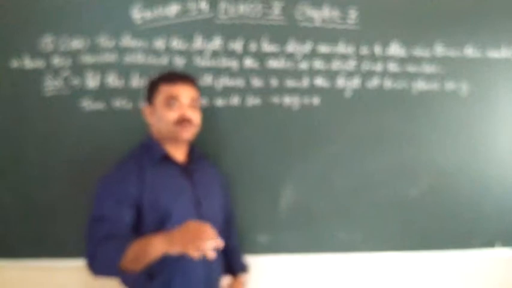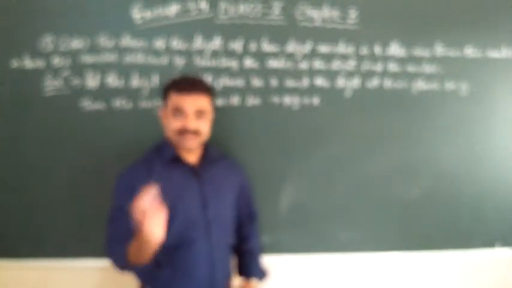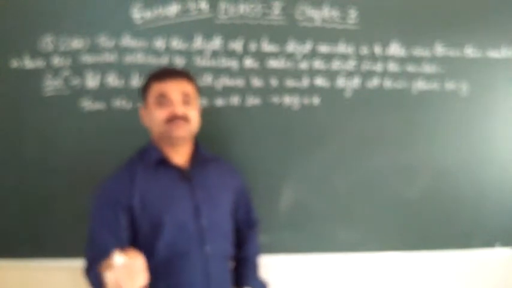Clear? And if we change the order of the digits, that means the units digit becomes the tens digit and the tens digit becomes the units digit, then what happens?